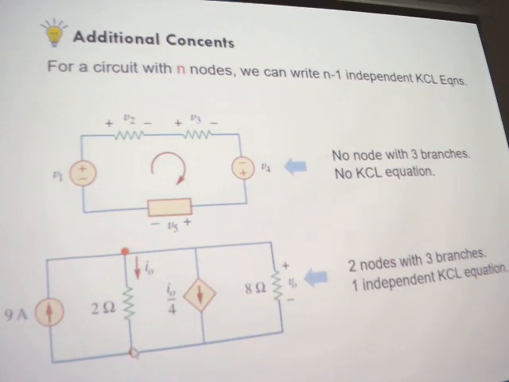The reason is we have to choose one as the reference node. Understand? One as the reference node. So for another node, we write the KCL equation. So for KCL equation, the first thing is we have to choose one as the reference node. Okay, so the equation of KCL will be n minus 1. The 1 is for the reference node.